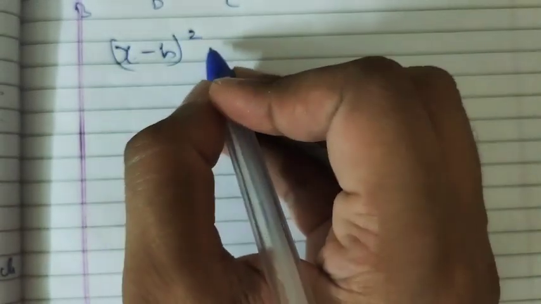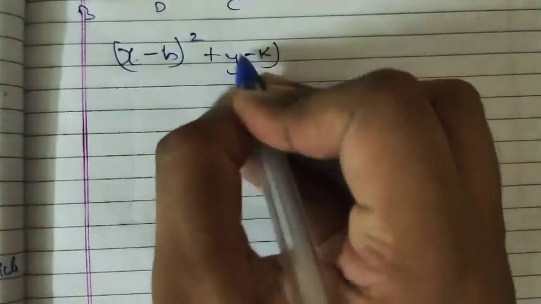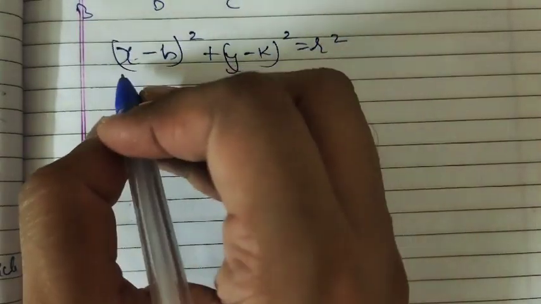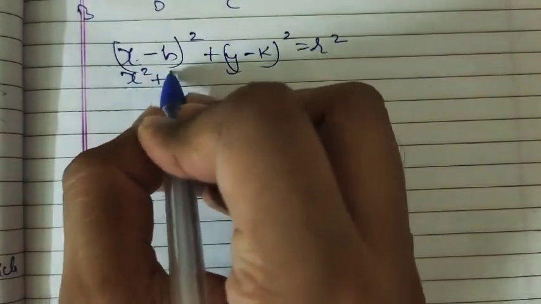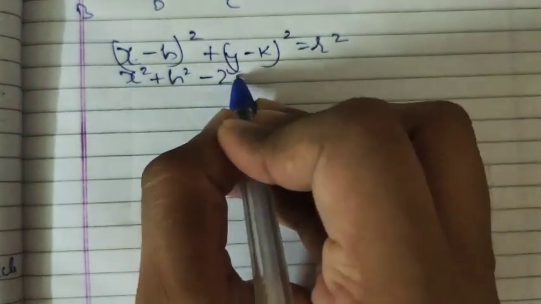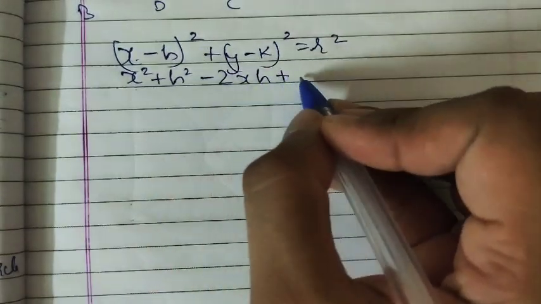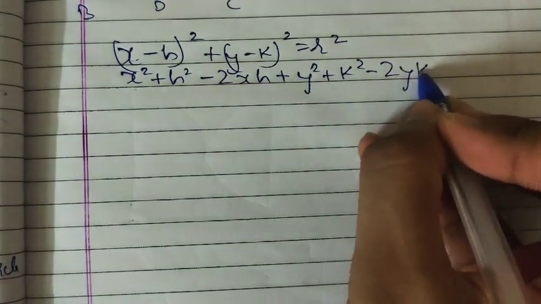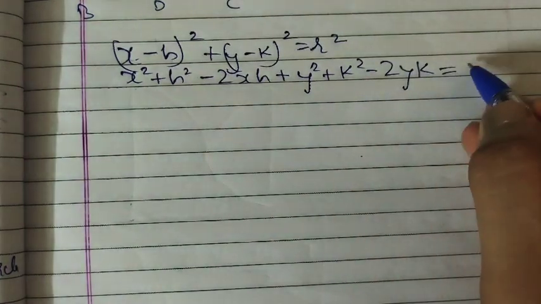So we know that (x minus h) whole square plus (y minus k) whole square is equal to r square, right? So if we open this, it will be equal to x square plus h square minus 2xh plus y square plus k square minus 2yk is equal to r square.